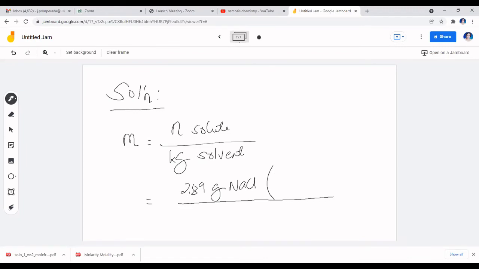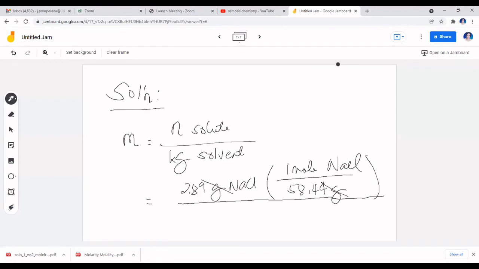I need the molar mass of NaCl. Can you please provide me with the molar mass of NaCl? That is 58.44. So I'll place it here, 58.44 grams to every mole NaCl. So I'll cancel this one. Now my numerator has a unit of mole NaCl.